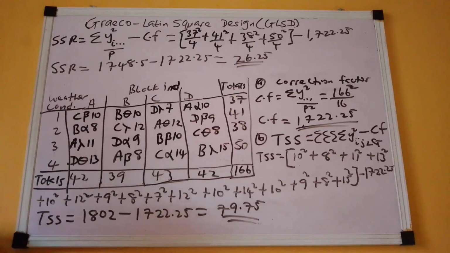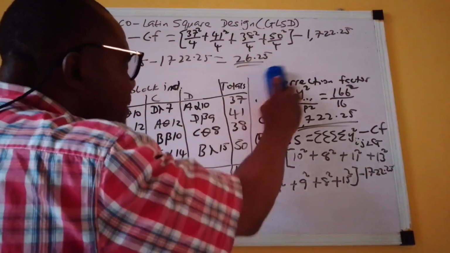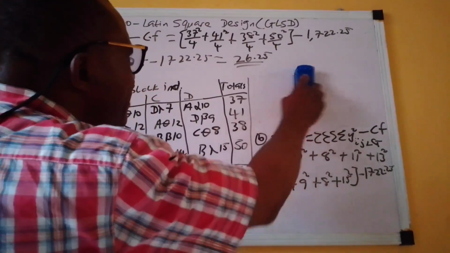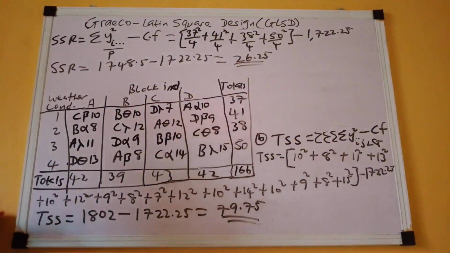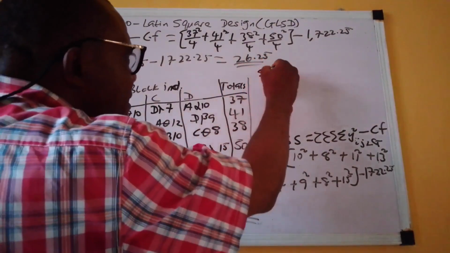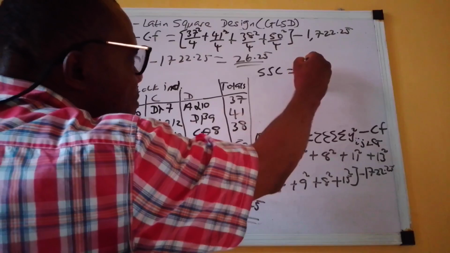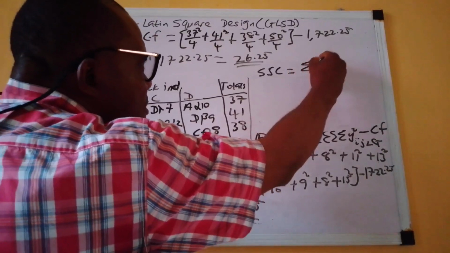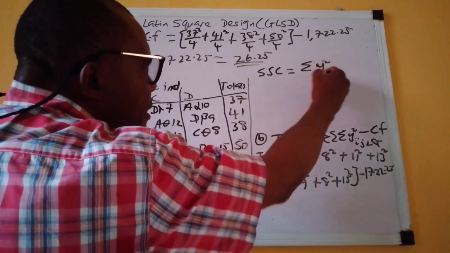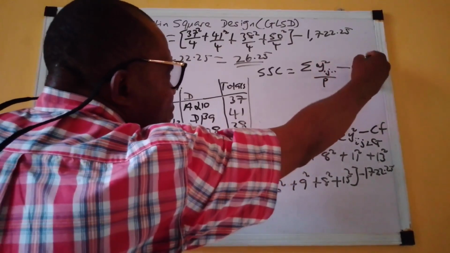So permit me to get our SS column. I will have to claim the correction factor, and this is part of the total sum of squares. So permit me to write it under this part. So the next one is our SS column is equal to summation, the column is J, so dot J dot square all over P minus the correction factor.